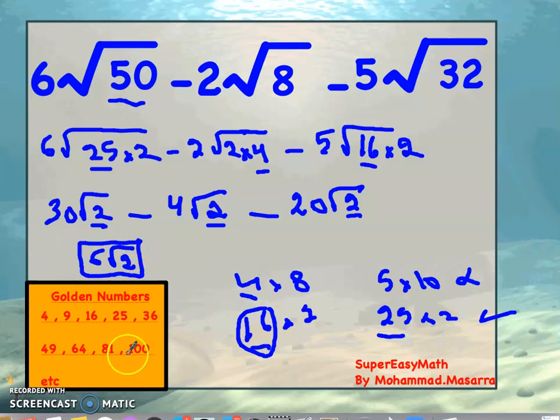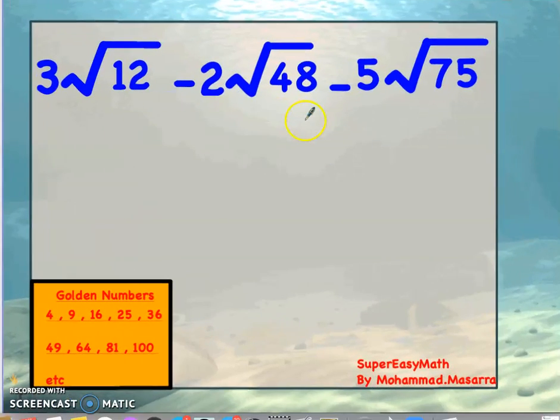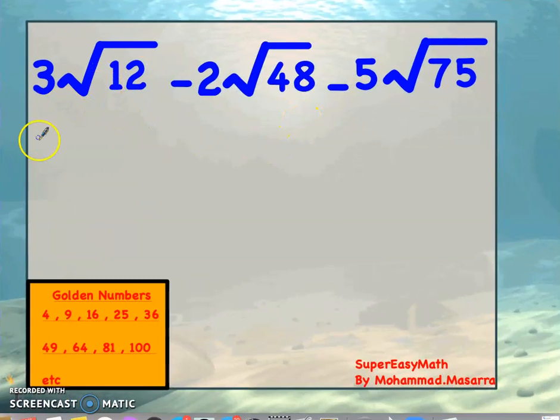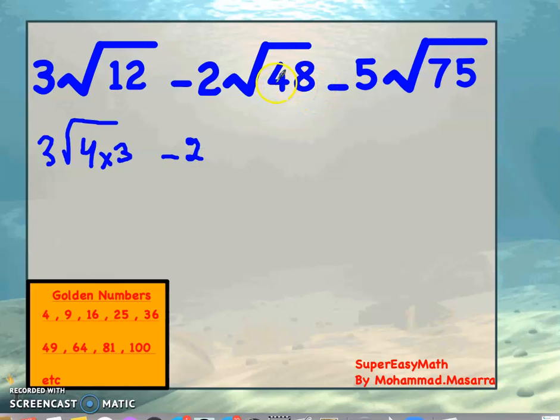And the last example. So for 3 times square root of 12, 12 can be written as 4 times 3, minus 2 times square root of 48. 48 can be written as 6 times 8, but neither one of them is a golden number.